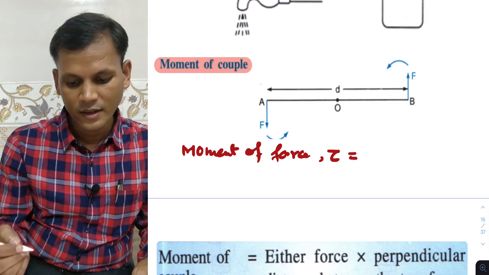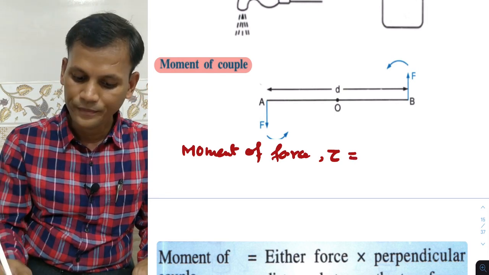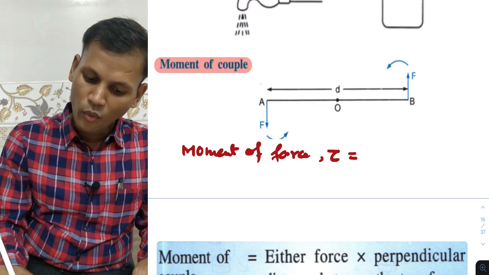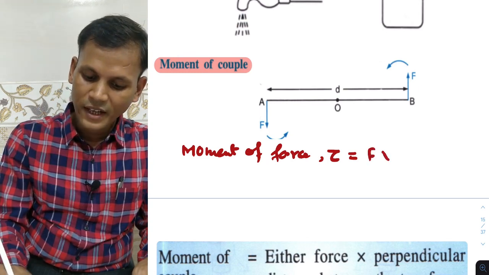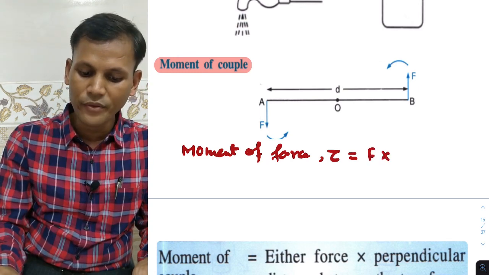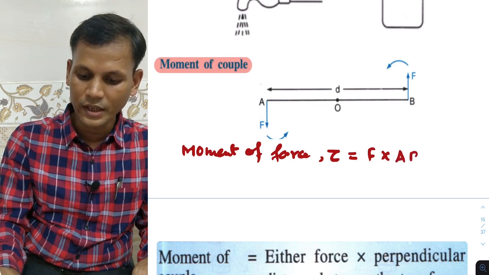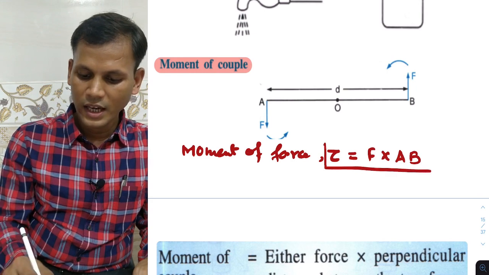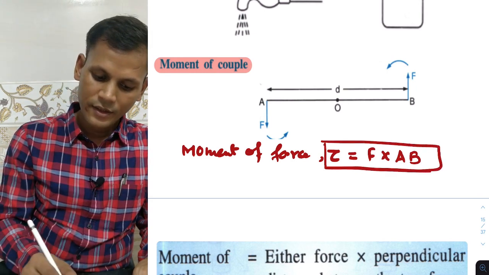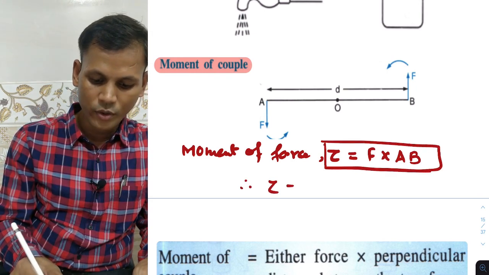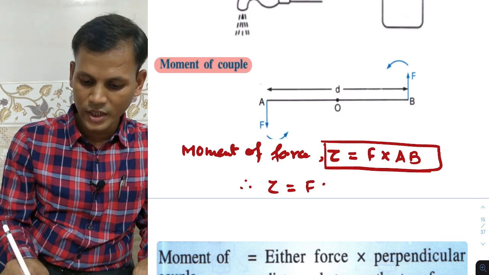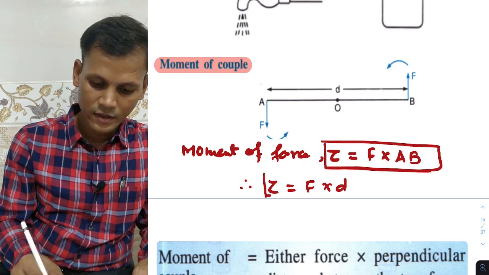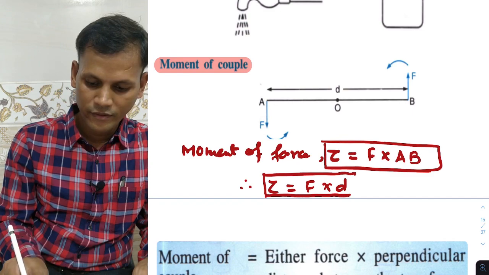The Greek letter is tau. So torque is one of the forces, that is F, into the perpendicular distance between the two forces, that is AB. So this is the torque, and AB is d. Therefore tau is equal to one of the forces into the perpendicular distance. Now this becomes the formula.